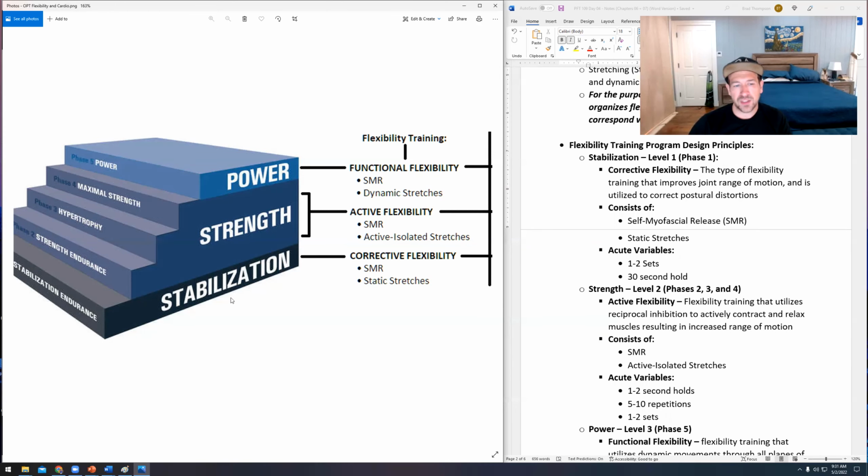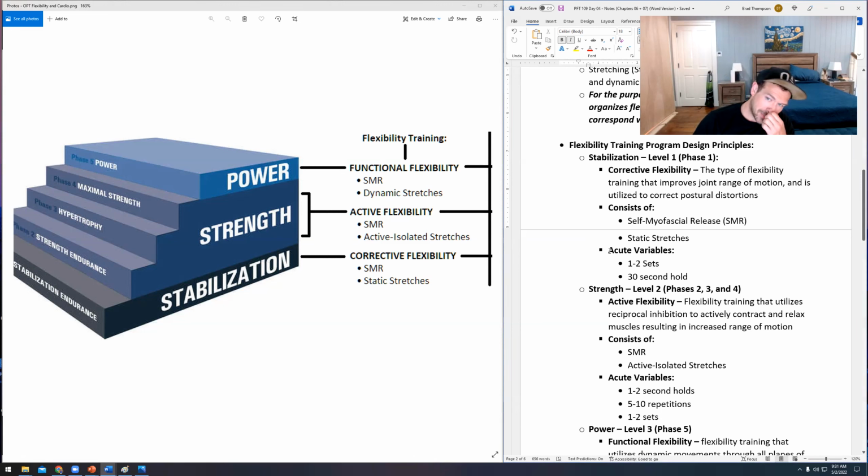So the first one we're going to look at: if we've got clients who are in their first month of training, they're probably going to start in the stabilization level. This is our foundation. We have to build a foundation of good, proper movement patterns and mobility, which we do in the stabilization level through corrective flexibility.